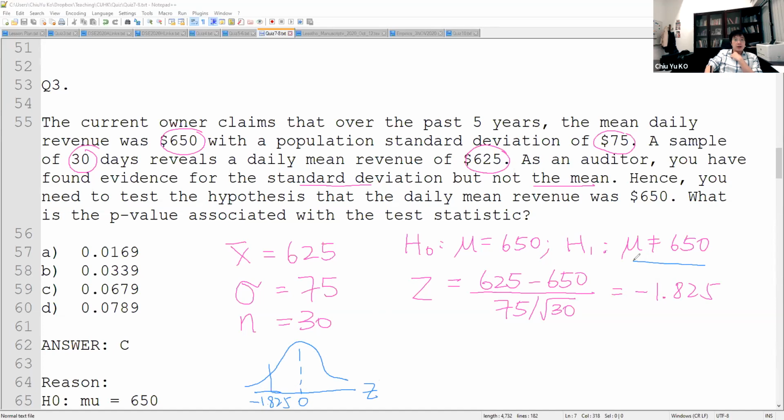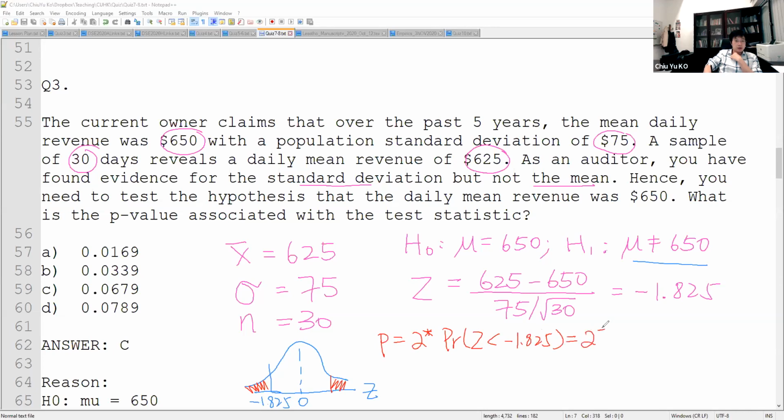Remember, we are doing two-tail, so the area we need is this, and also this one, right? It's 2 times of that, right? So the P is equal to 2 times the probability that Z is less than negative 1.285, right?